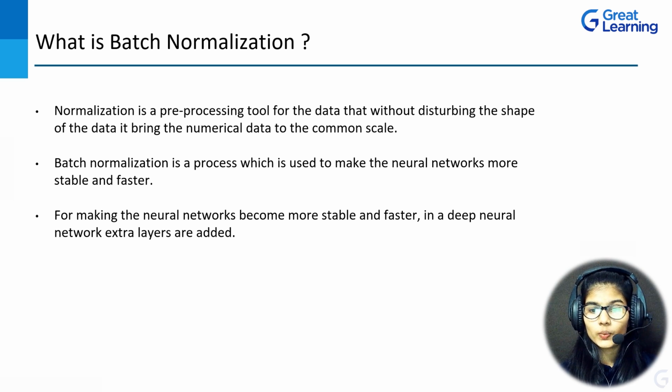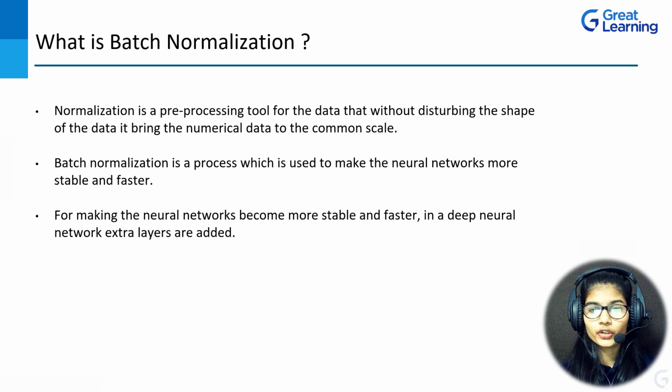Okay. Now, when you are well aware of what normalization actually is, let me take you to batch normalization. That's one of the processes used for making neural networks more stable and faster, right? As I told you, it deals with neural networks. So let's say you want to make the neural networks more stable and faster, whatever neural networks or idea you are working with.